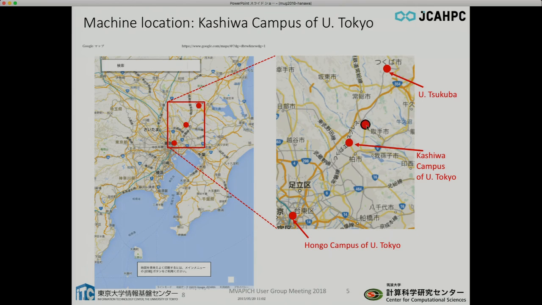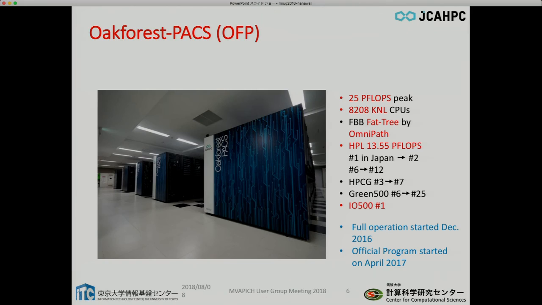Kashiwa is just in between Tsukuba and Tokyo. Kashiwa is in Chiba Prefecture, and it is our third big campus. The Oakforest-PACS system is located in this campus.